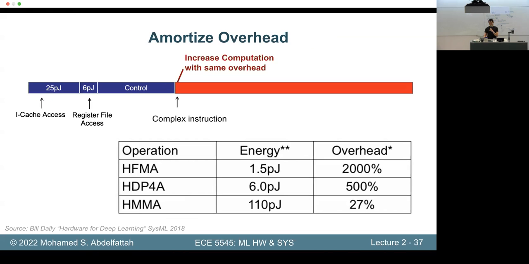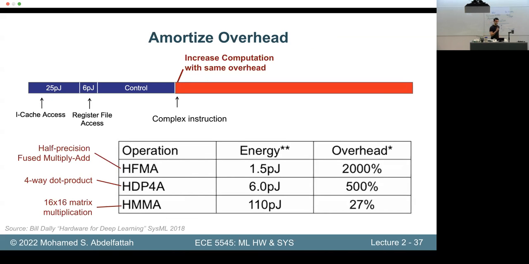So we briefly went over some instructions that are now embedded in most GPUs, going from just multiplication and addition as two separate things, to dot product as a single operation, and finally 16 by 16 matrix multiplication as a single operation, bringing down that overhead in terms of percentage from 2000%, or 200x, to 27%, right?